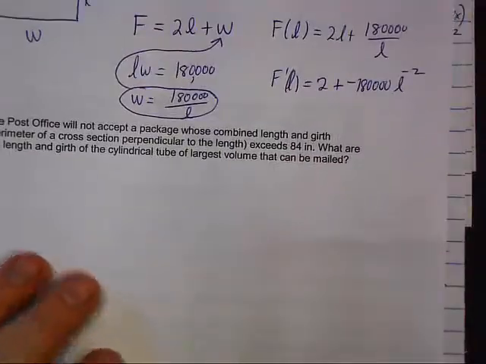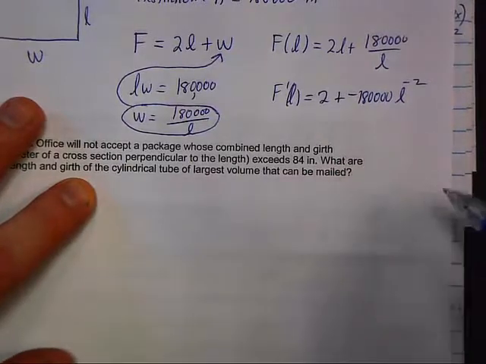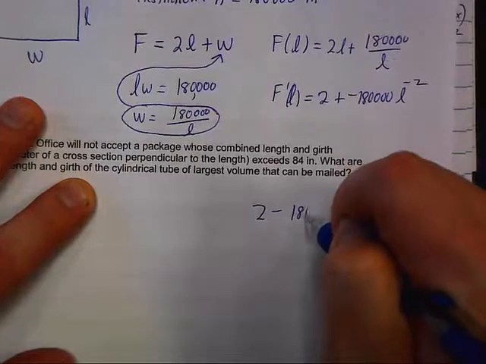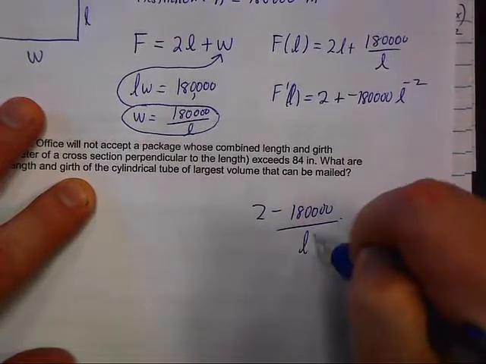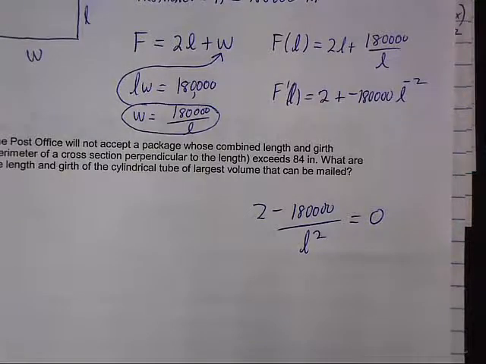Alright, so I didn't leave enough room on this one, did I? Alright, so now what do we need to do? 2 minus 180,000 over L squared equals 0. So that equal to 0. How do you solve that equation?